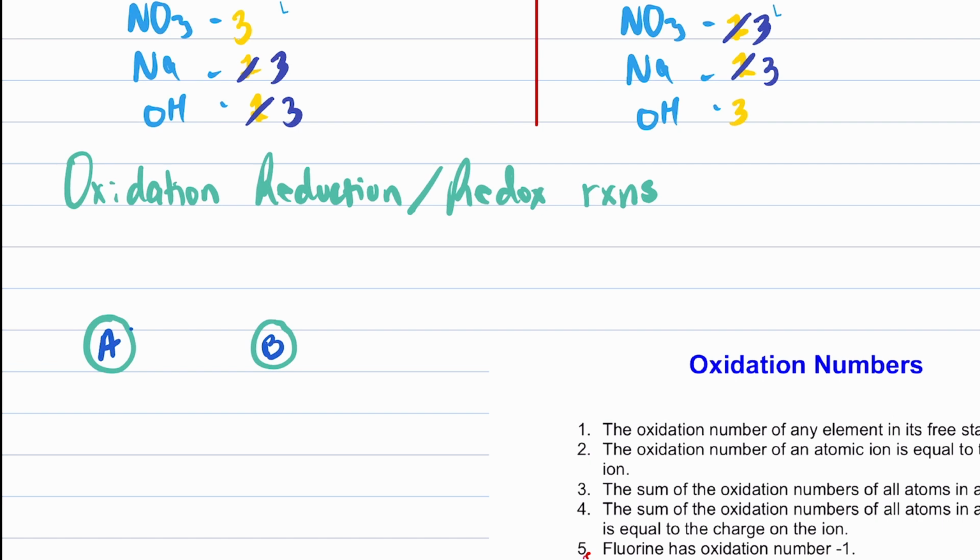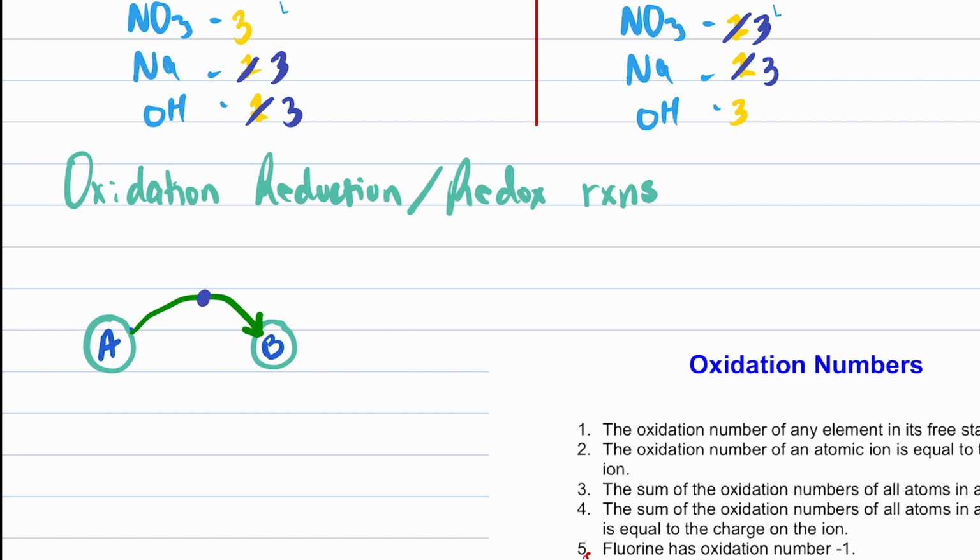So essentially what we're seeing is electrons moving between atoms. If you were to write a representation of that, you could have something like this. We have an electron literally being transferred between two atoms. So let me write that down for you guys.